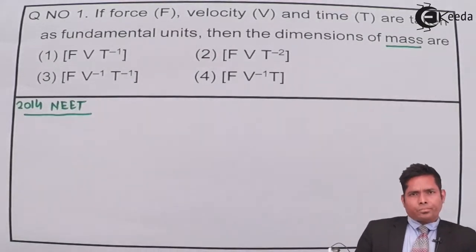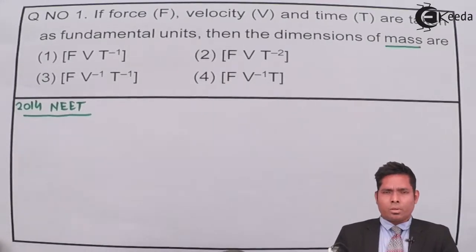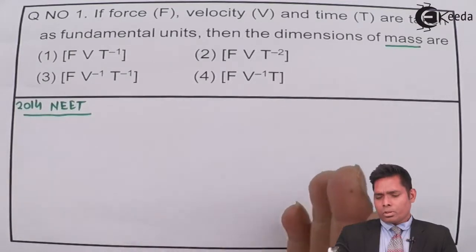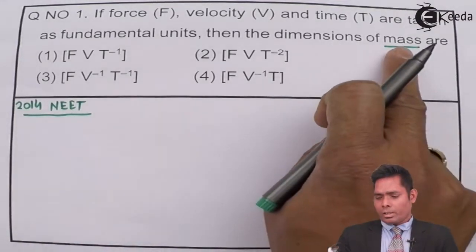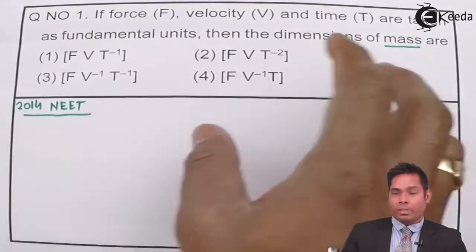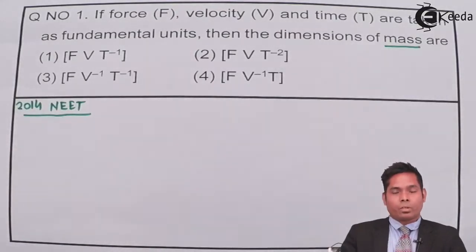Now, to solve this, we'll use the concept of dimensional analysis. Any type of question which is asked like this, we consider whatever is asked here and whatever is given, we express the required quantity in terms of the given quantities and the powers of those quantities.